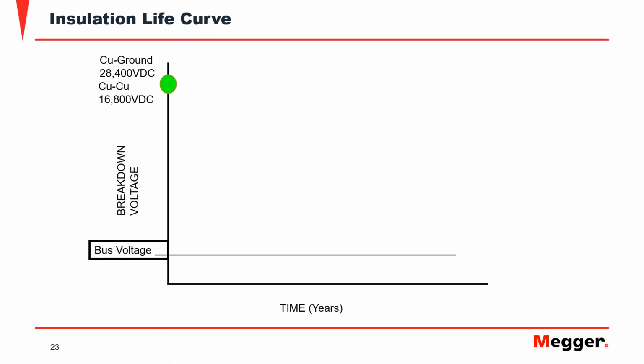Now, here you will have your bus voltage, and the difference between the maximum voltage and the bus voltage is, I would say, what can characterize the health of that insulation. The higher this difference, the less likely the motor is to fail.